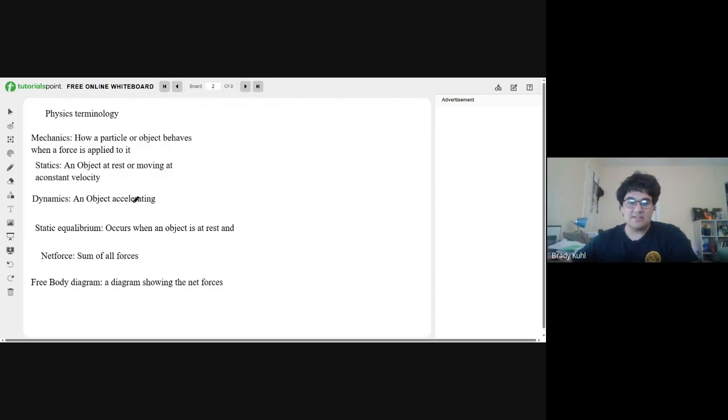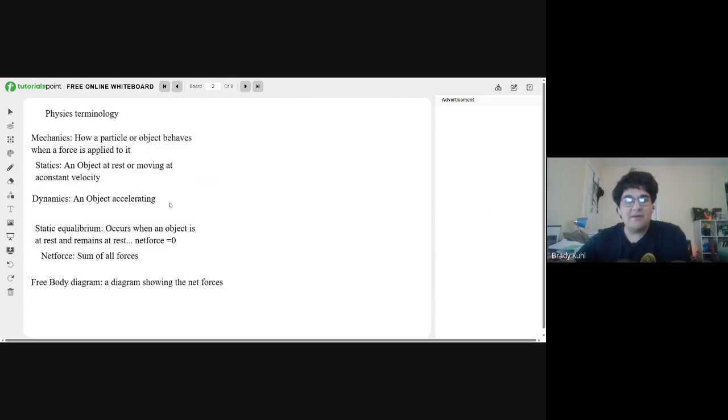Dynamics is when an object is accelerating, as in do that. One of the common problems you see in dynamics would be a satellite, because a satellite is constantly accelerating as it goes around the Earth and is constantly in free fall. By the way, acceleration does not always necessarily mean going faster; it could also mean the object changes direction. That's another thing to keep in mind, because that's a common mistake.